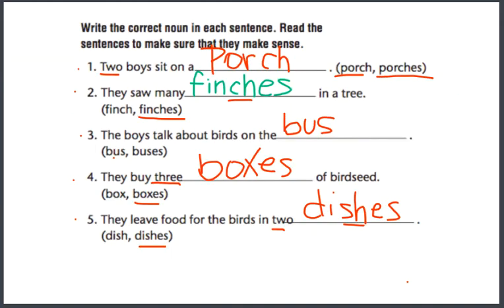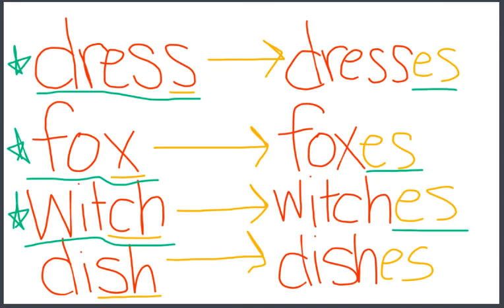And our last word, dish, dish, sh, sh. We have the SH, makes it dishes with the ES ending to make it plural, dishes.